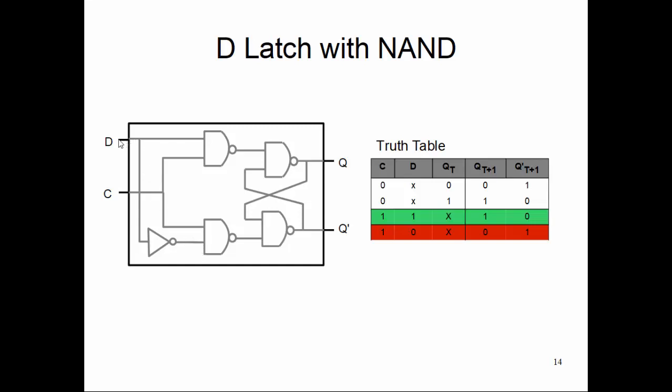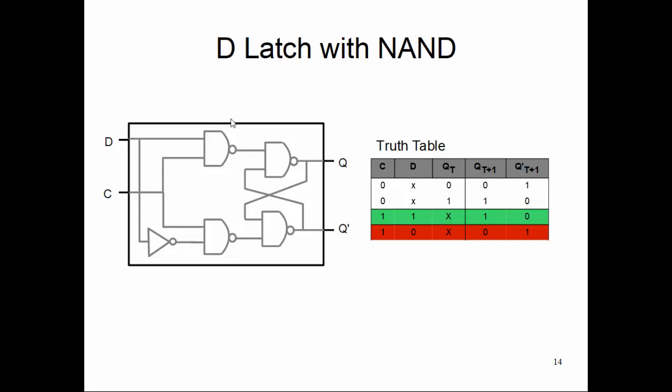So internally it becomes an SR latch with control, but externally, as a primary input of this logic component, it is not S and R anymore, we call it D.